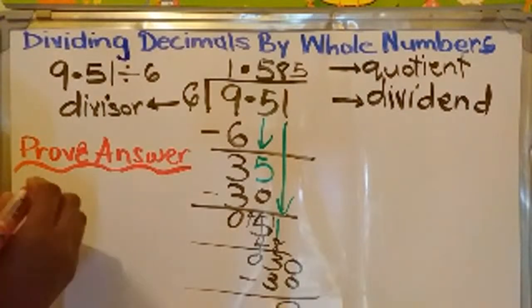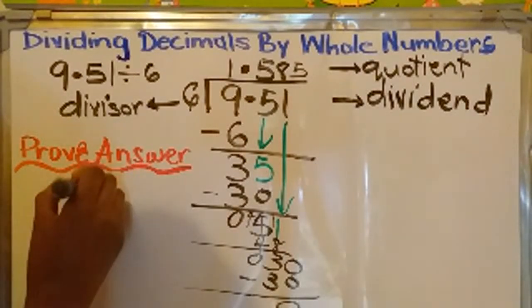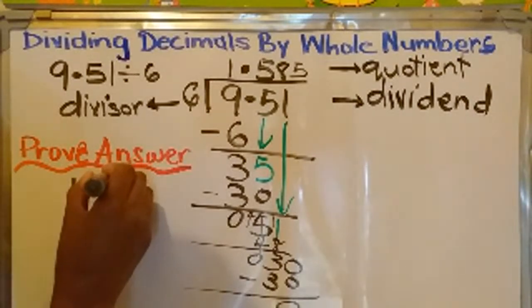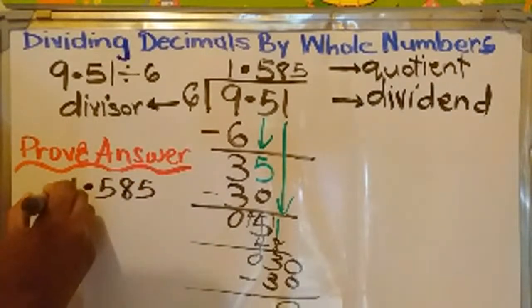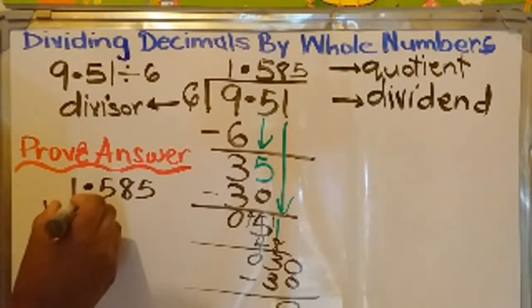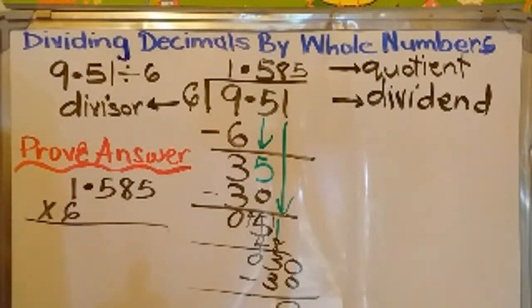All right? So I'm going to take it and put it right here. Let's work it together. So I have 1.585, and I'm going to be multiplying by 6. All right, guys? So let's work it together. All right?